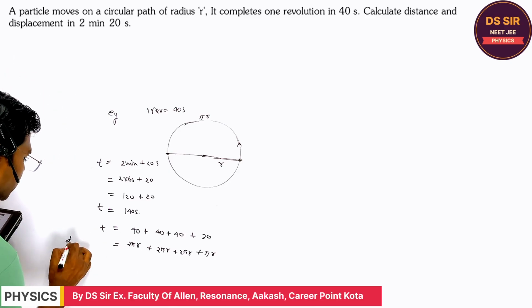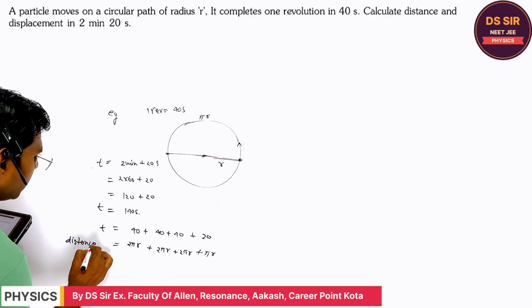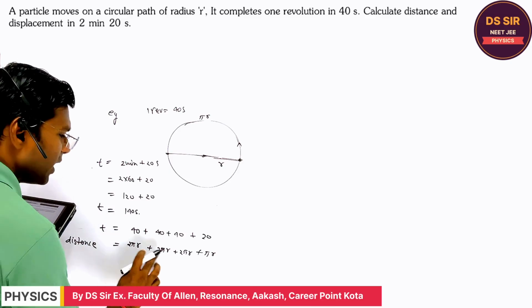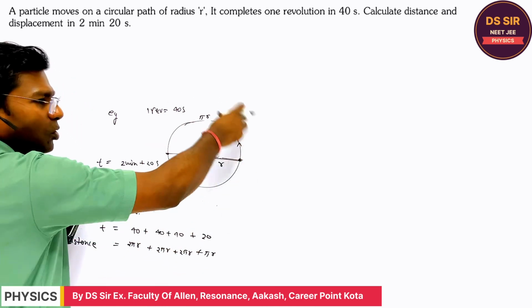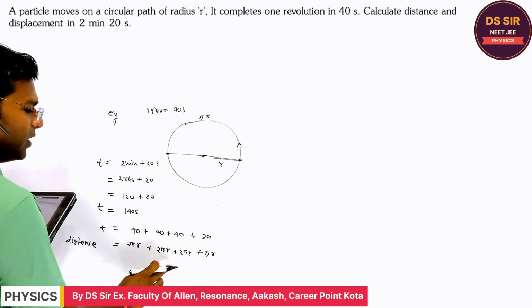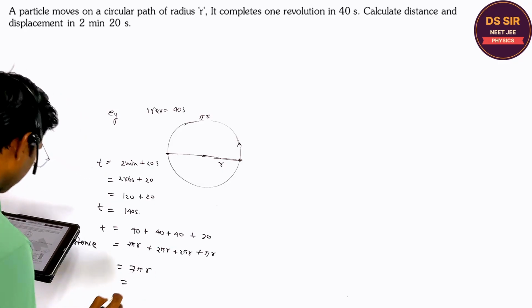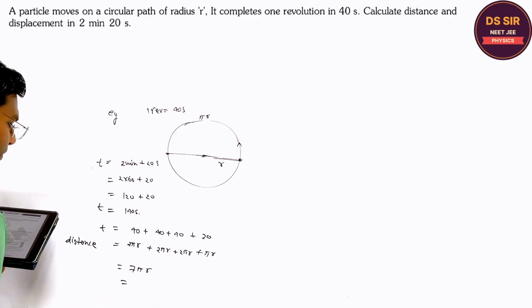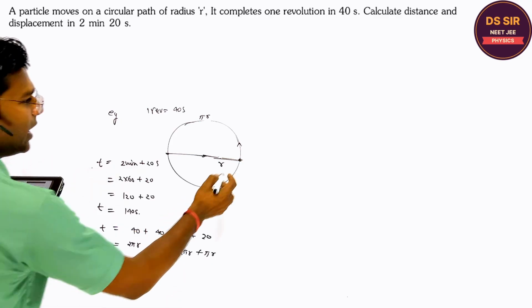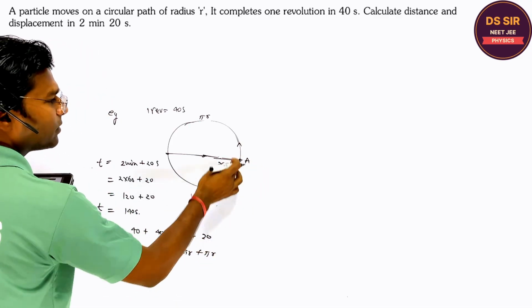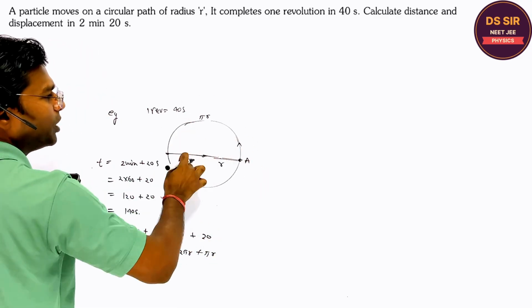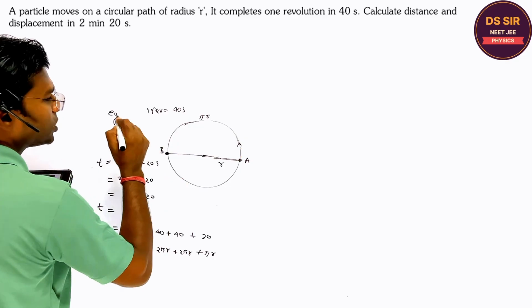So what is the distance covered in 140 seconds? 2 pi r plus 2 pi r, 1, 2, 3 and a half circle. That is 7 pi r. And the starting point is here, 1, 2, 3, and finally it reached this point.